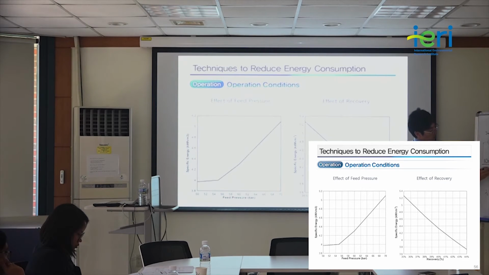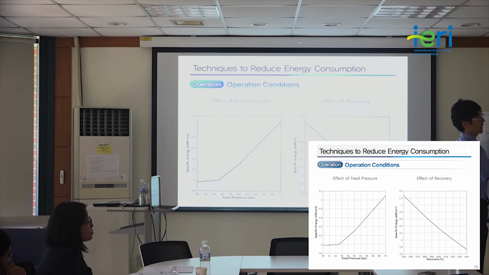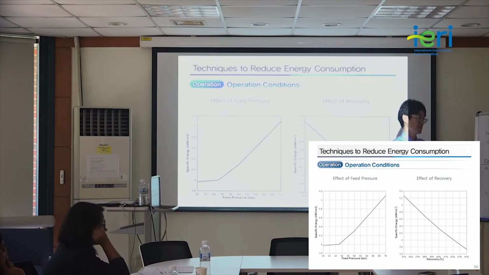It means that we need to have the intake with this capacity, pretreatment with this capacity, so that we can have this amount of feed solution to maintain this recovery. Let's consider the case that we have the recovery of 10% instead of 40%.